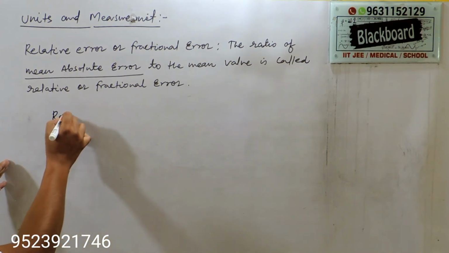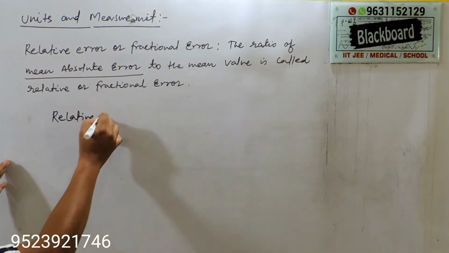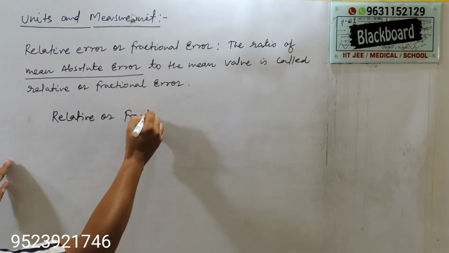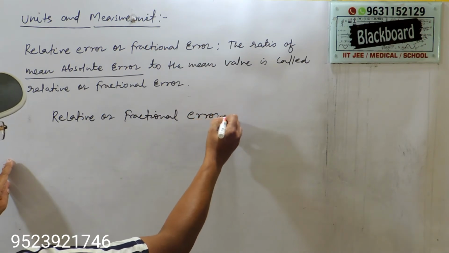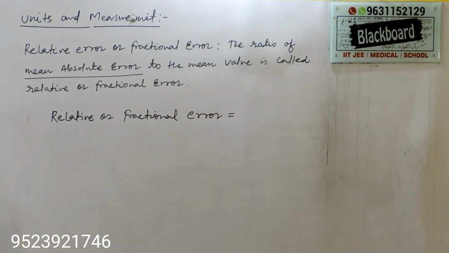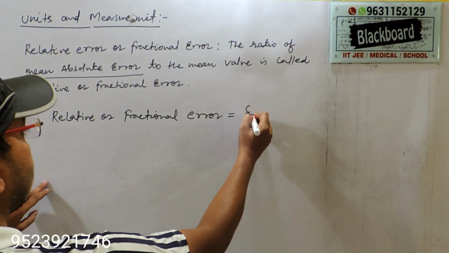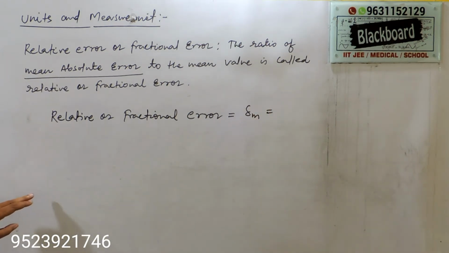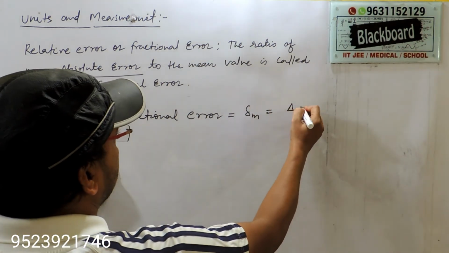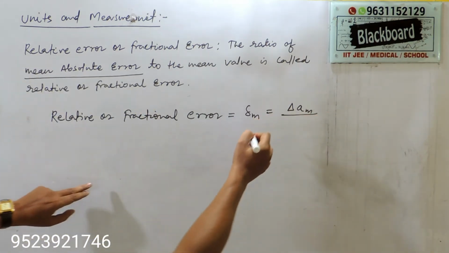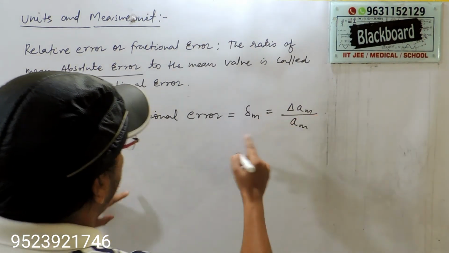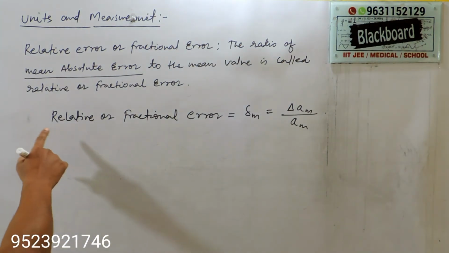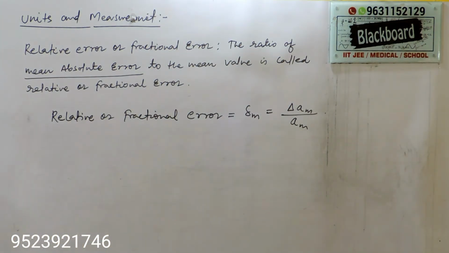That means you can write relative or fractional error is equal to del A mean divided by A mean simply. This is the formula of relative or fractional error.